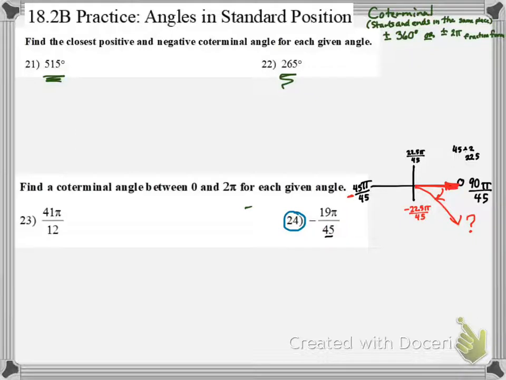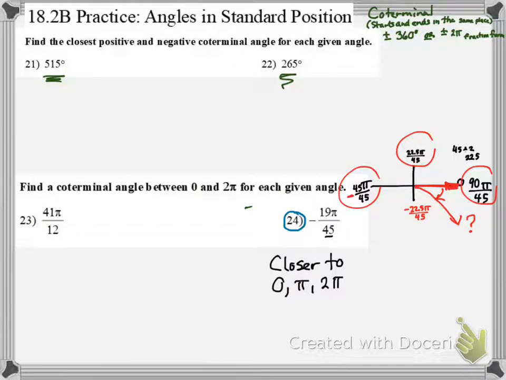If I want to know where an angle ends in that place, but between 0 and 2 pi, now I'm thinking I didn't even need that sketch. I needed these numbers to think it through, but I didn't really need the sketch.